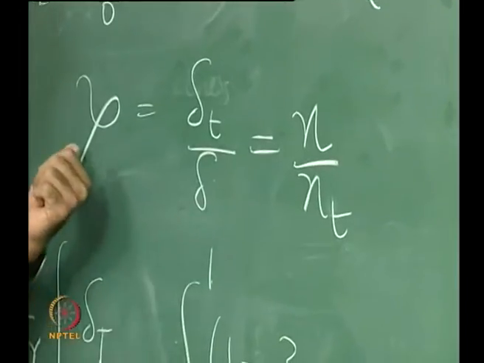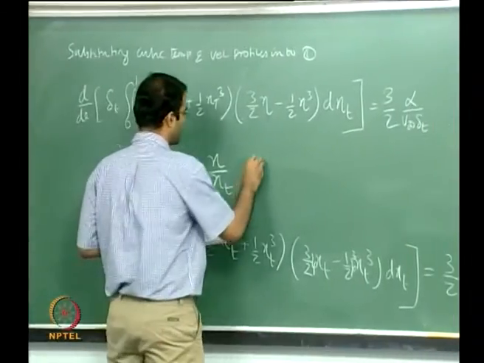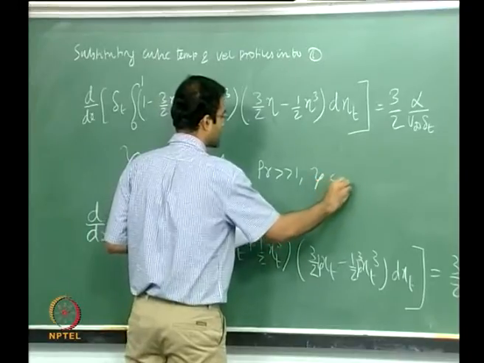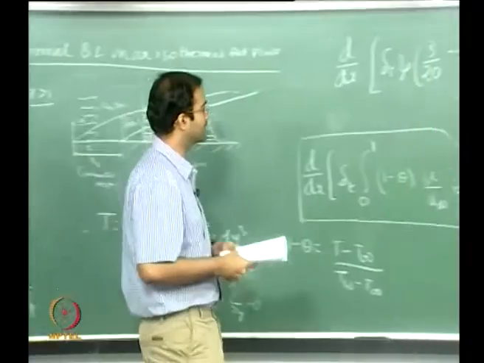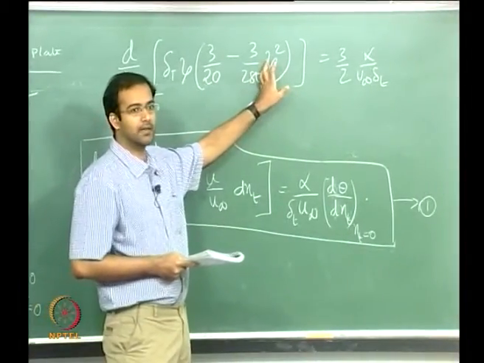Less. So your zeta should be less than 1. For Prandtl number much greater than 1, zeta should be much less than 1.